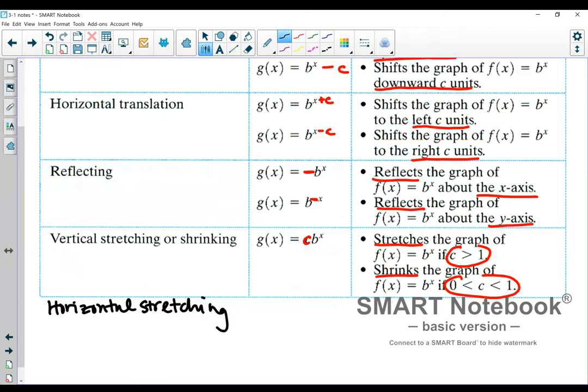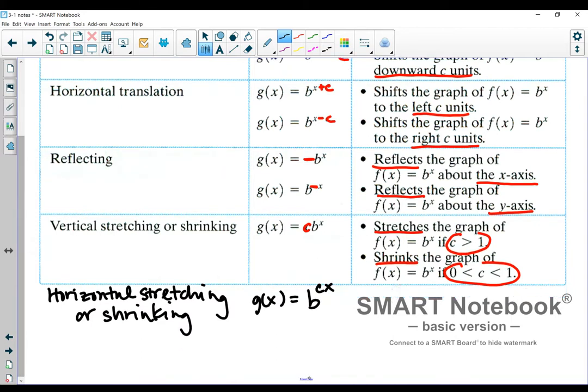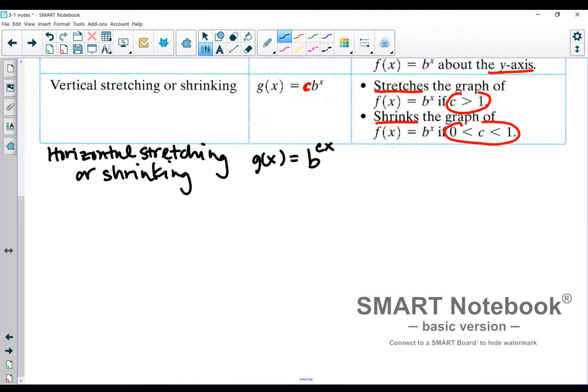And horizontal, we know, is always going to have to affect the x. So I'm going to make this g of x equals b to the cx power. So now I'm affecting the x. And that is going to stretch now, and this one's reversed from the y numbers.